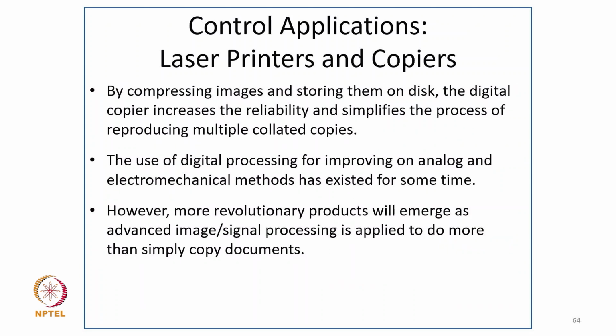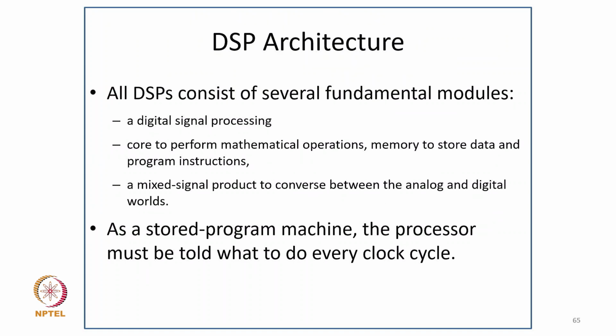By compressing the images and storing them on a disk, the digital copier increases reliability and simplifies the process of reproducing multiple collated copies, and the use of digital processing for improving on analog and electromechanical methods has existed for some time. However, more revolutionary products will emerge as advanced image signal processing is applied to do more than simply copy documents.